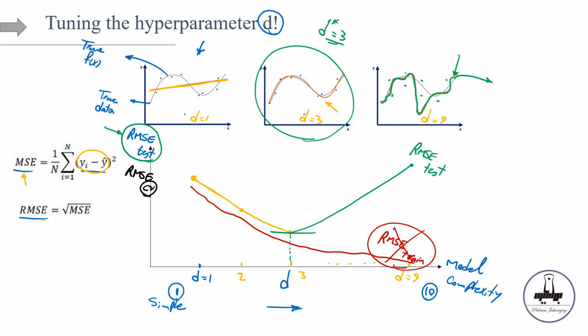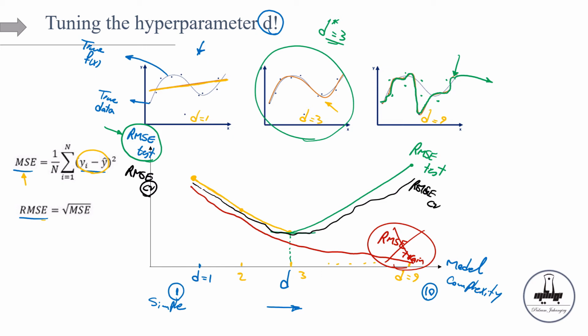So in this way, we are somehow estimating the performance metric of a model in the test set. So it's going to be somewhere in between, not necessarily below the test or above the test, but it's going to be very close to the behavior of the RMSE of the test set. So this is our RMSE in the cross-validation.